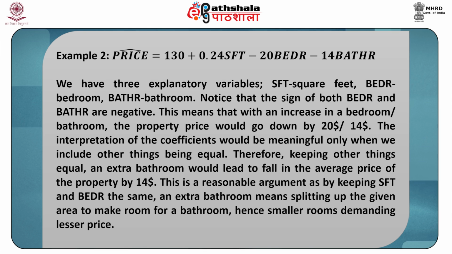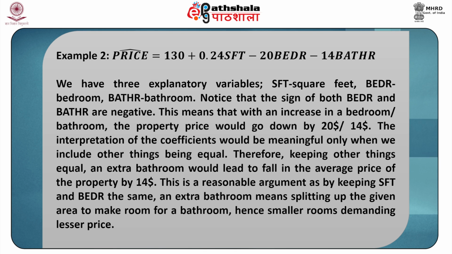Notice that the sign of both BDR and BATHR are negative, going beyond our expectations. This means that with an increase in a bedroom or bathroom, the property price would go down by, let's say, $20 or $14. In fact, it should be opposite. An extra room should increase the price.